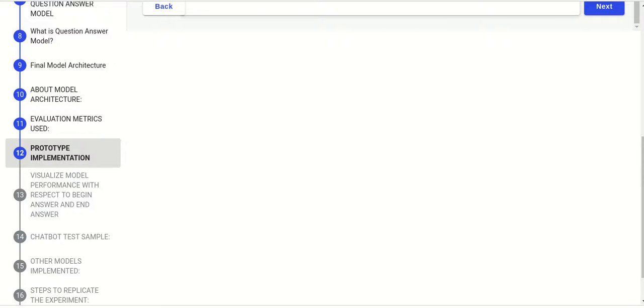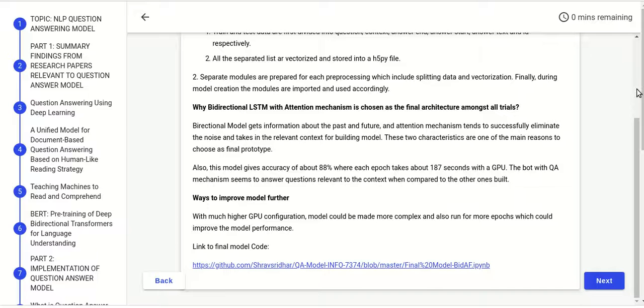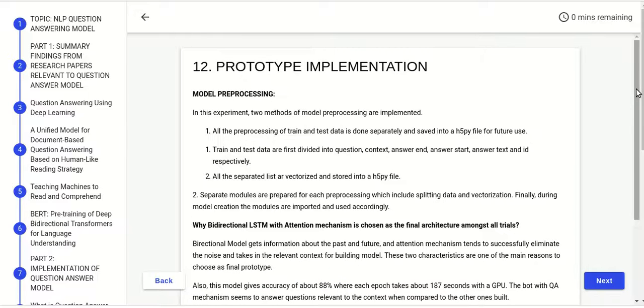As we know, the prototype we used is bidirectional LSTM with attention. Talking about the implementation, the first step anyone goes about is pre-processing. Our data was SQuAD data, as we'd already discussed, and for pre-processing we used two methods.